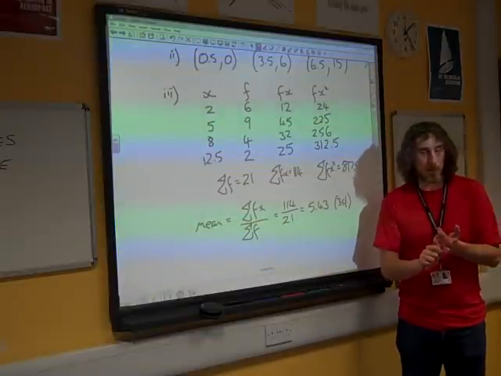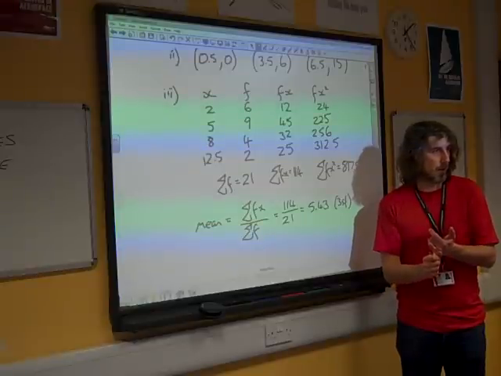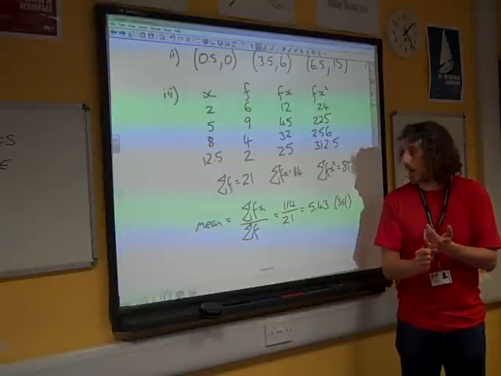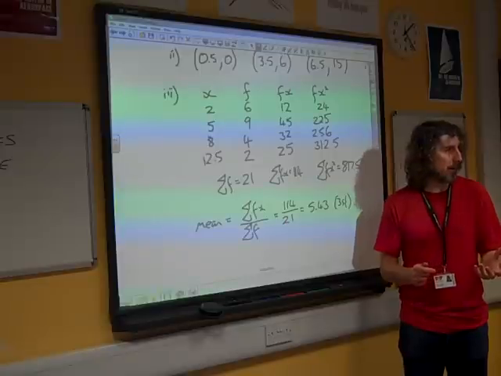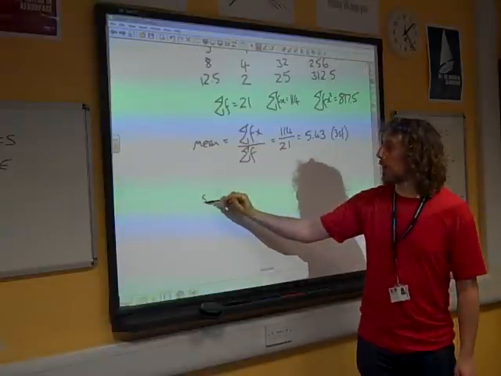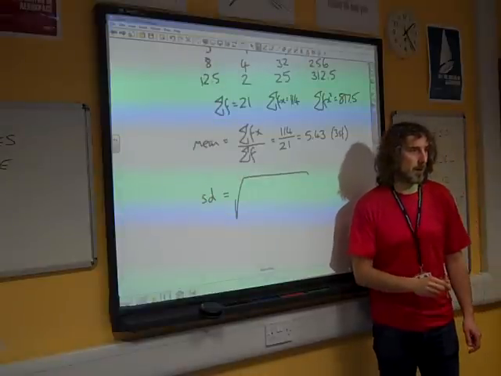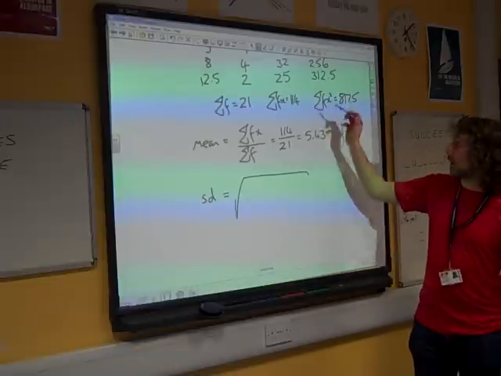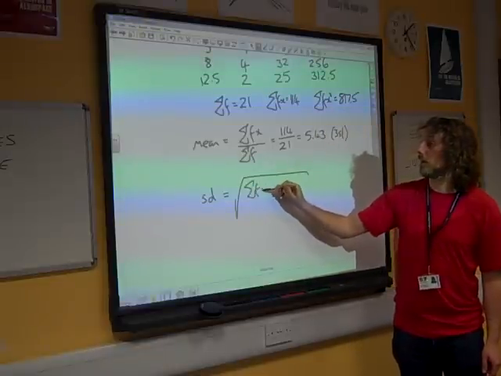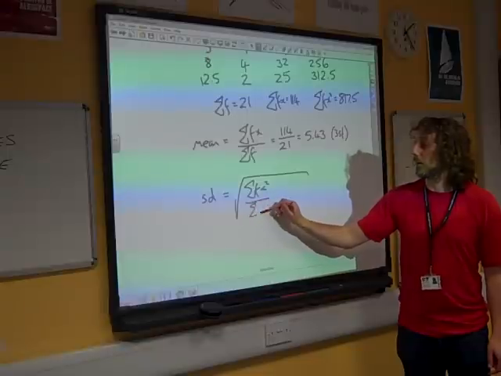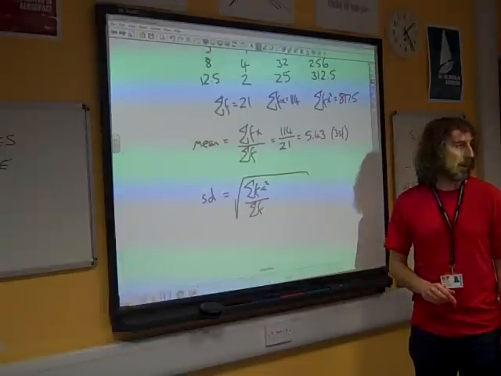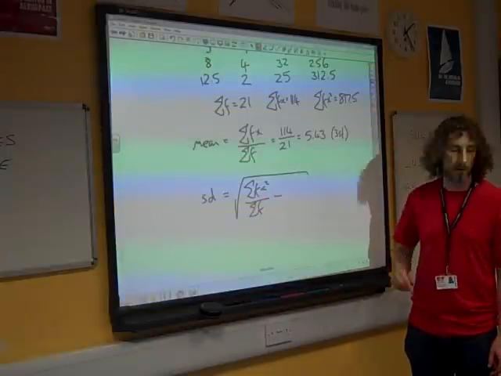And the standard deviation, and we'll talk about the standard deviation quite a lot this afternoon. There's only really one thing to remember. But in terms of working out from this data, it's going to be the square root of sigma fx squared over sigma f, and then you take away the square of the mean.